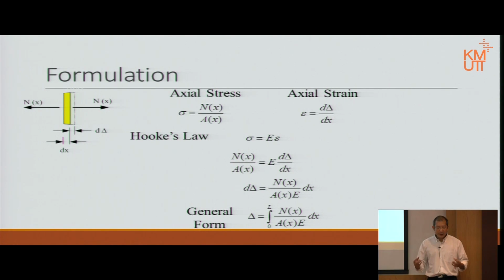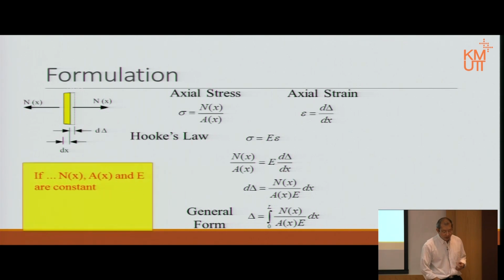Now, in general, when we look around, we realize most of the time, not all the time, but most of the time, in one member, say column, say beam, say floor, usually we have only one cross section throughout the beam. We have one material or one combination of material, and we also have certain lengths.